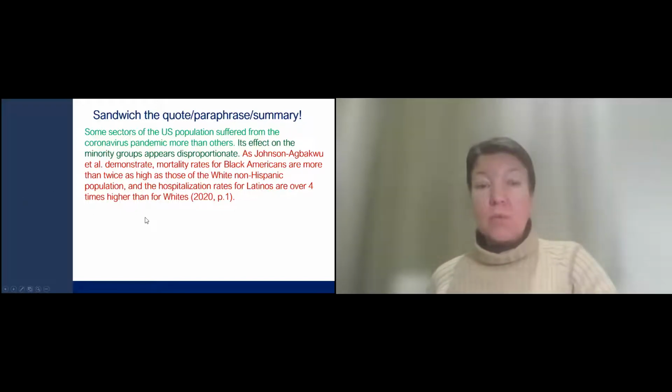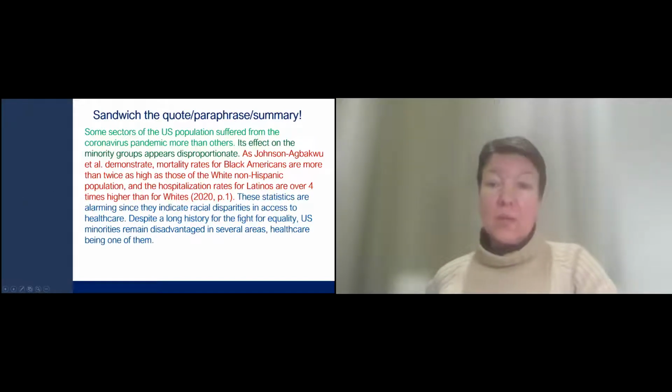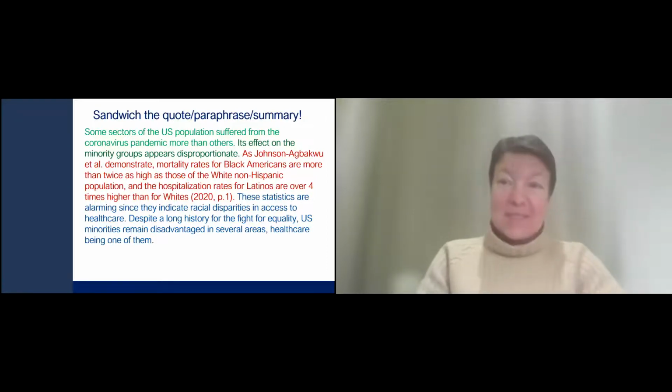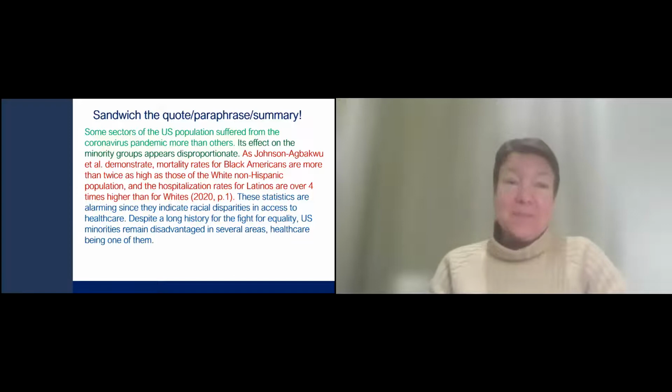Okay, so if we move on, we have, well, these statistics are alarming since they indicate racial disparities in access to healthcare. Despite a long history of the fight for equality, U.S. minorities remain disadvantaged in several areas, healthcare being one of them. Can we label these two sentences? Can we find a composition type of description? What is going on here?